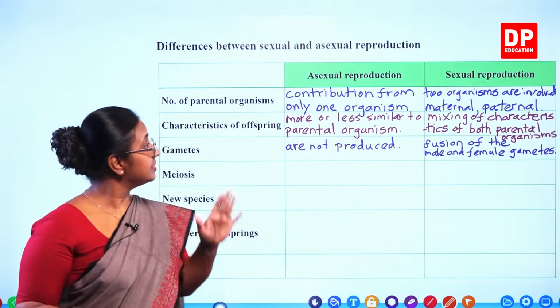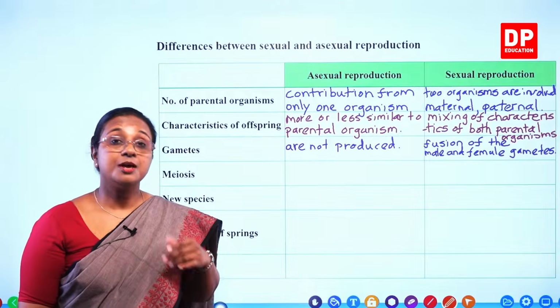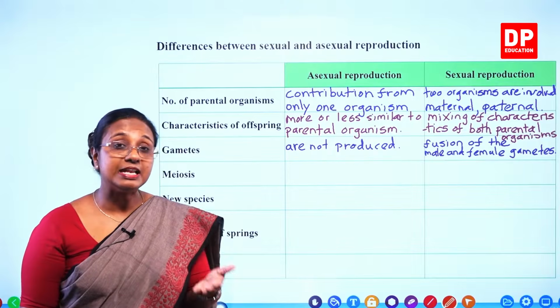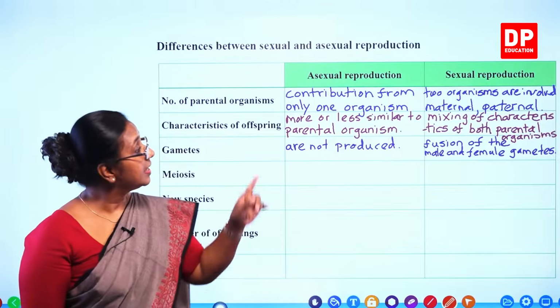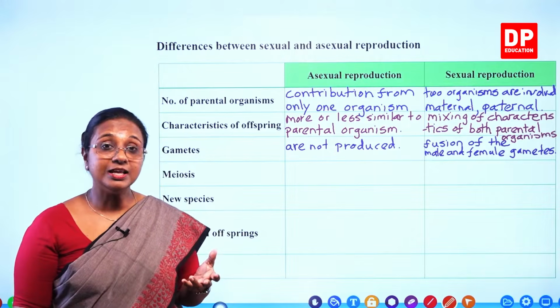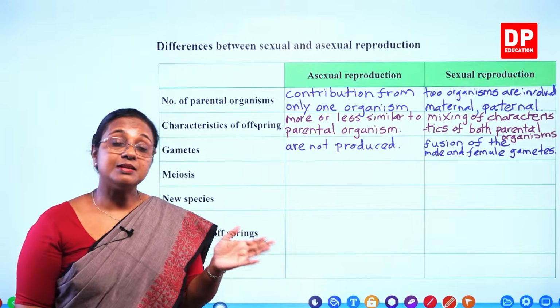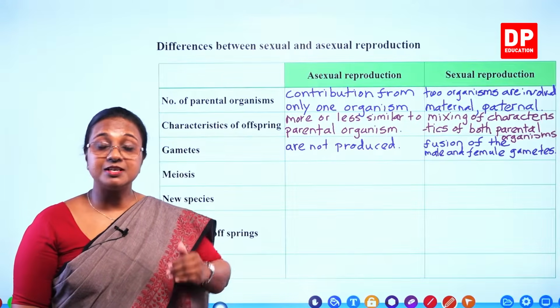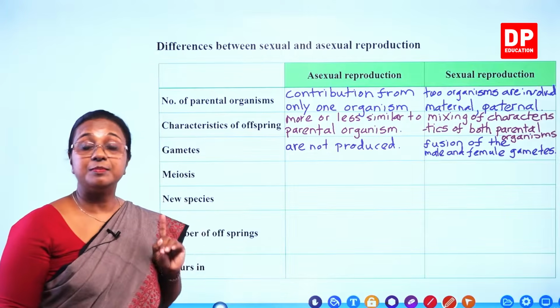Mitosis takes place in both asexual and sexual reproduction, because normally growth and development involves mitosis. But meiosis takes place only in sexual reproduction. Why? This happens when gametes are produced inside the male and female reproductive system.